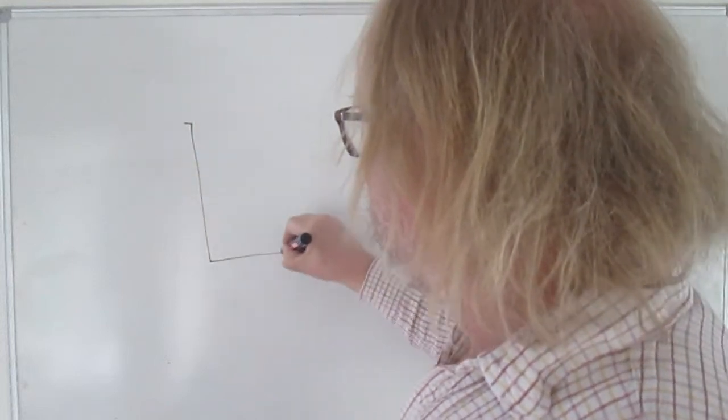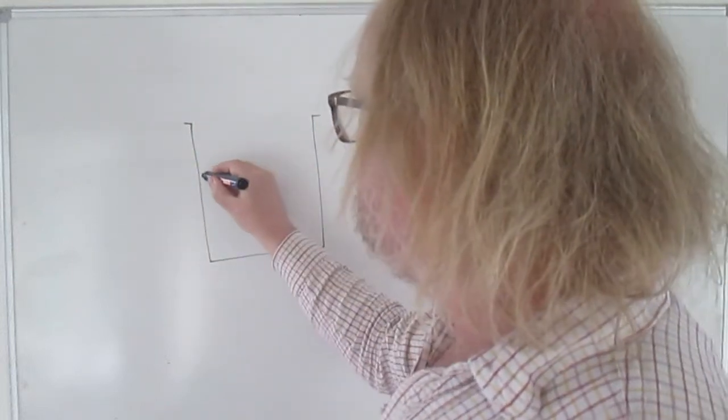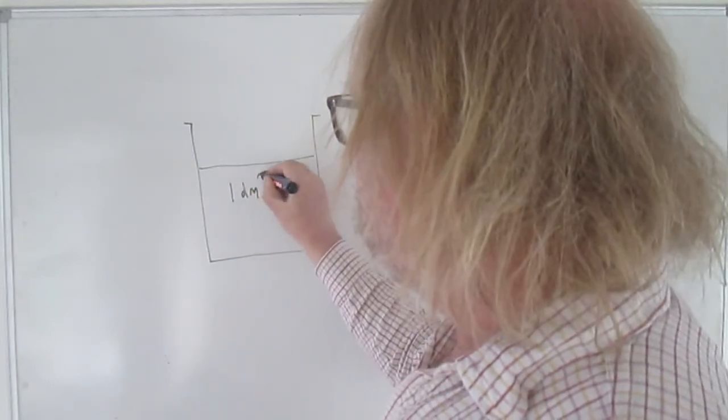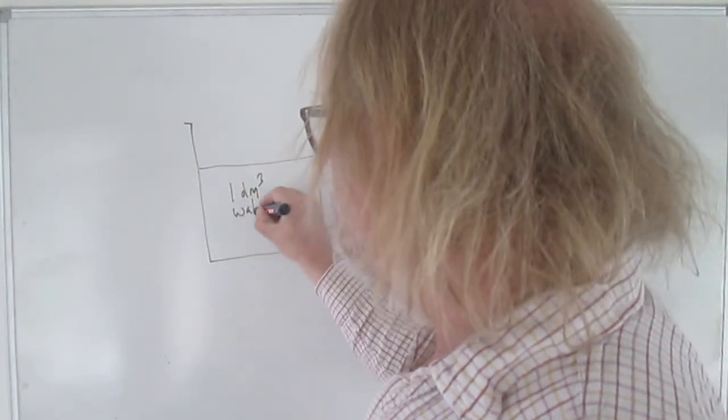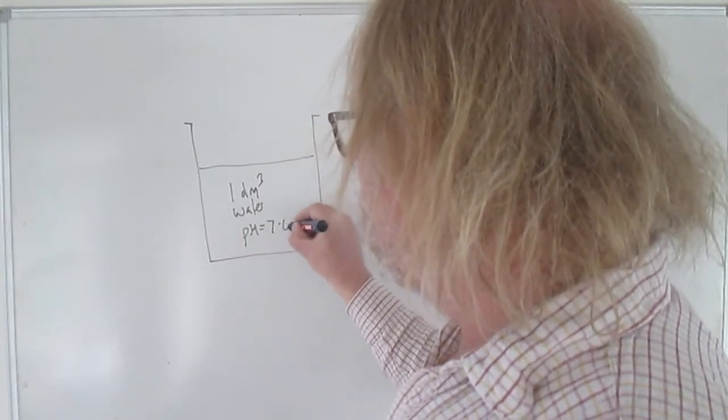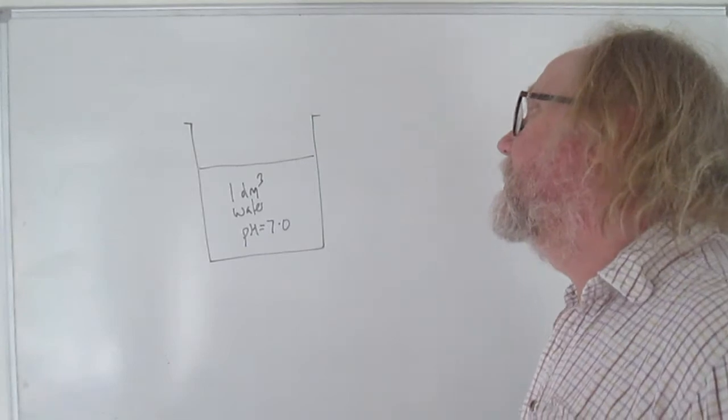Suppose you have a beaker of pure water. So let's say we have 1 dm cubed of pure water, and if it's pure water then the pH will be 7.0 at room temperature.